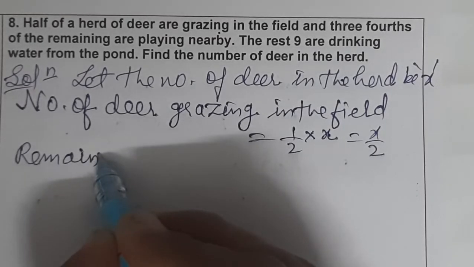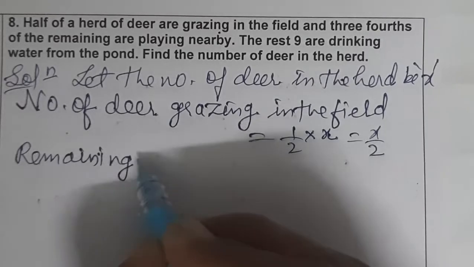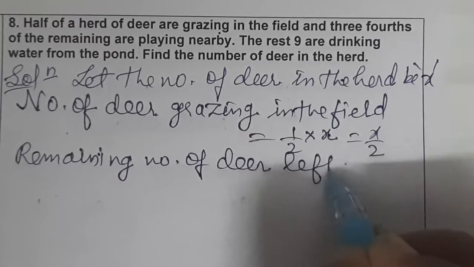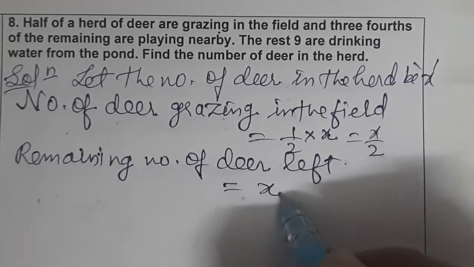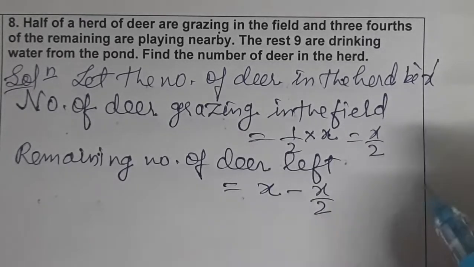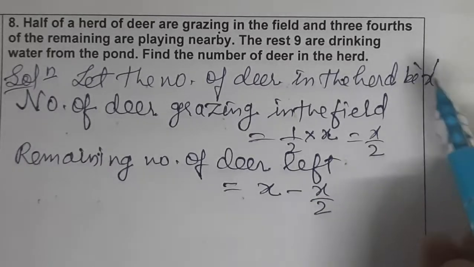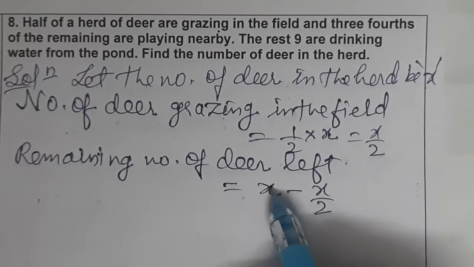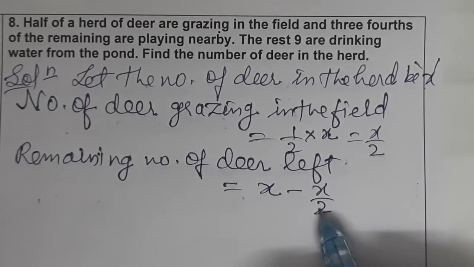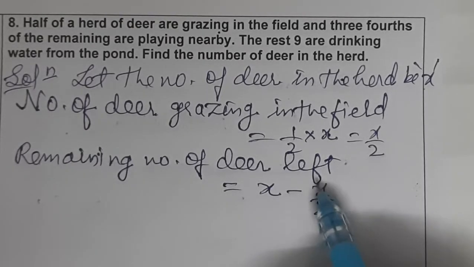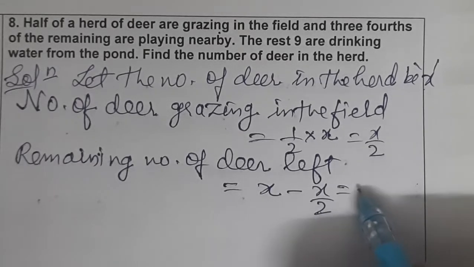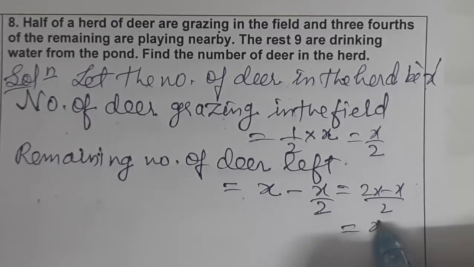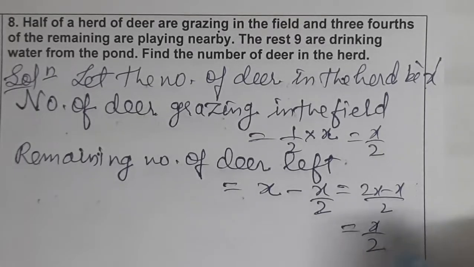Remaining number of deer left. Total number of deer x. Half are grazing. So how much left? x minus x by 2. x is our total and x by 2 is grazing. So let's find remaining: total number of deer minus grazing ones. So take LCM, 2x minus x by 2. That means x by 2. So this is the number of deer left.